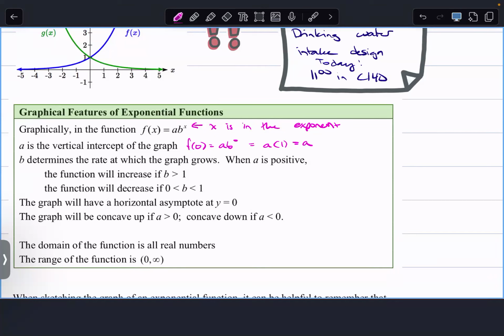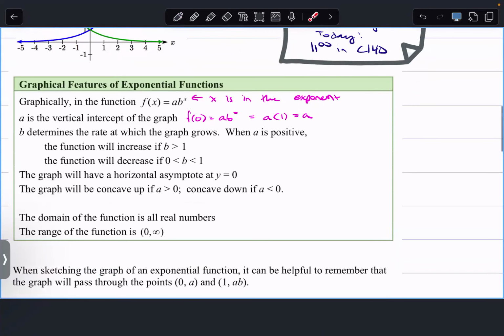Now, b is what determines the rate that the graph grows. When a is positive, the function is going to increase if b is greater than 1, and the function is going to decrease if b is between 0 and 1.